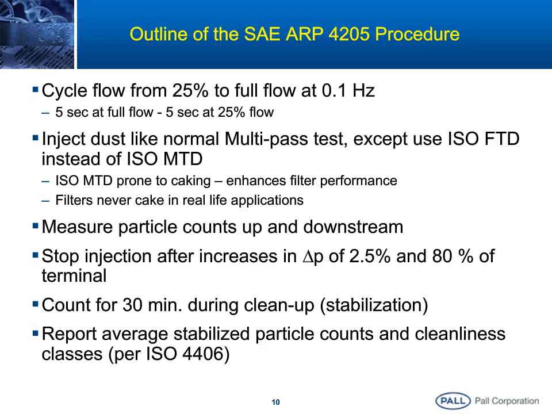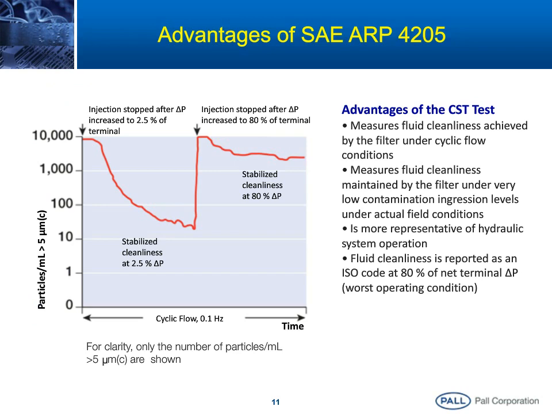And unlike the multi-pass and the DFE tests, where the dust injection rates can be as high as 10,000 times the real-world conditions, the final cleanliness reported in terms of ISO 4406 cleanliness codes provides information about filter performance at 3 particle size ranges, which are 4 micron, 6 micron, and 14 micron C. The SAE cyclic flow test method offered several advantages over the multi-pass test and also the DFE test method.